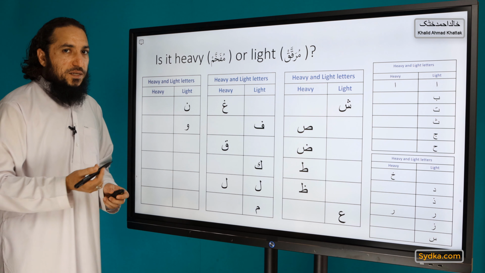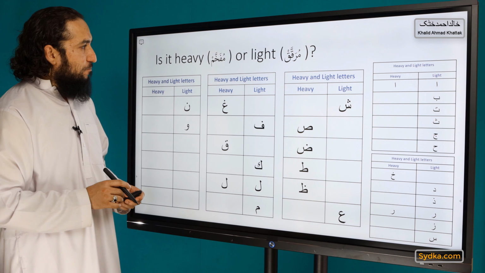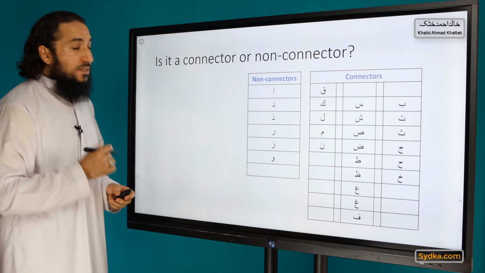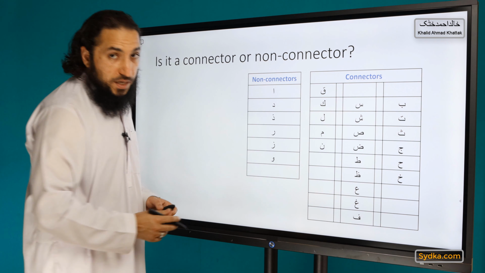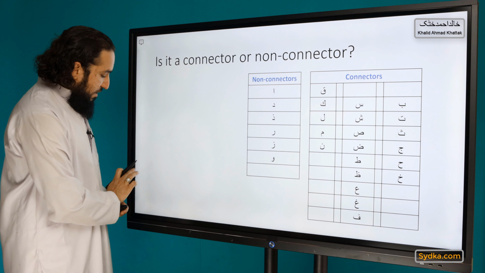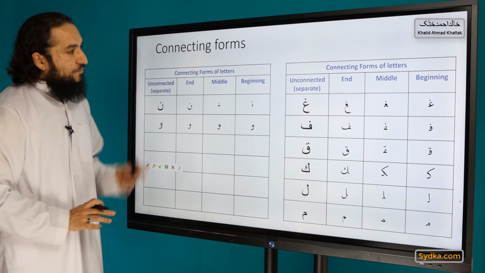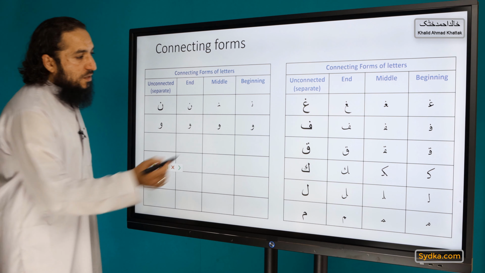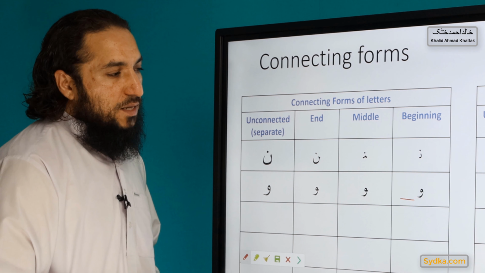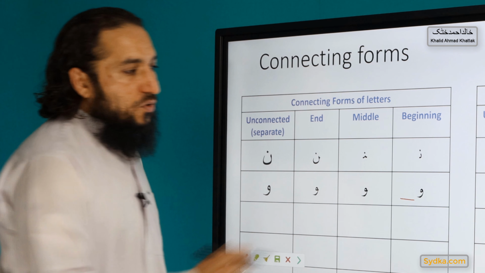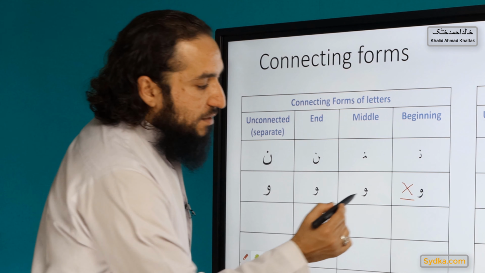Okay, so is it a light or heavy letter? It is one of the light letters. Is it a connector or non-connector? It is one of the non-connectors, which means that if we go to the next slide and see the different connecting forms, if it is used in the beginning of a word, then you can't connect any other letters after it.